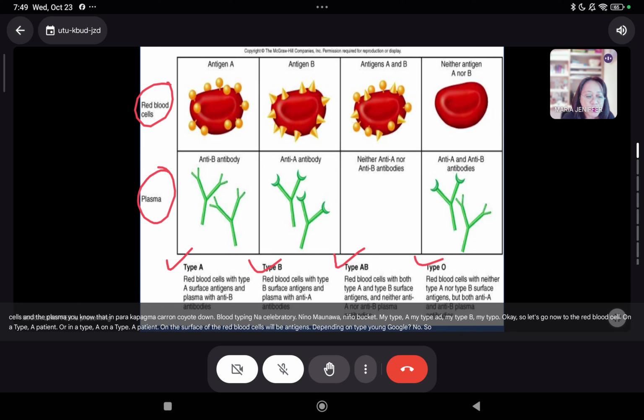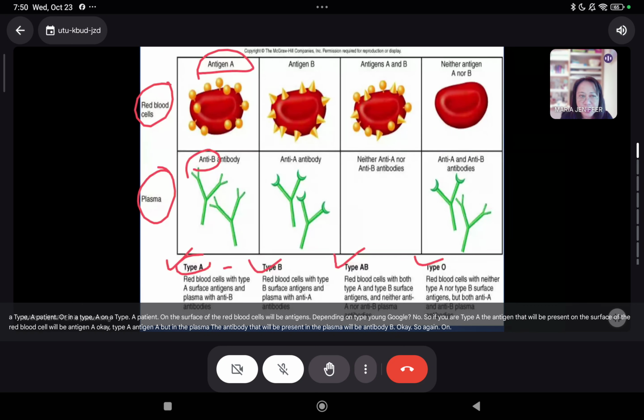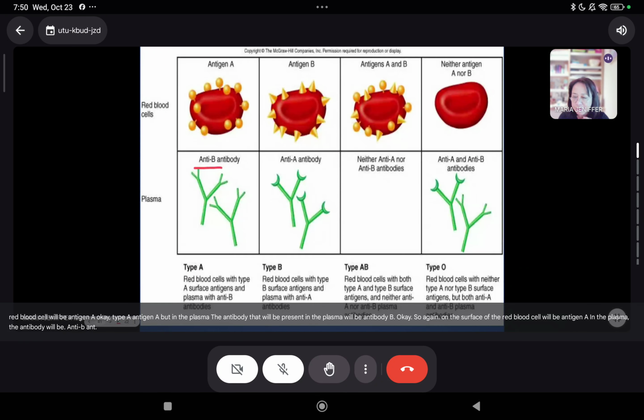So, if you are type A, the antigen that will be present on the surface of the red blood cell will be antigen A. Okay, type A, antigen A. But in the plasma, the antibody that will be present will be antibody B. Okay? So again, on the surface of the red blood cell will be antigen A. In the plasma, the antibody will be anti-B antibody.